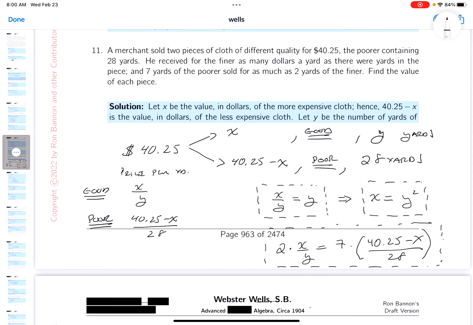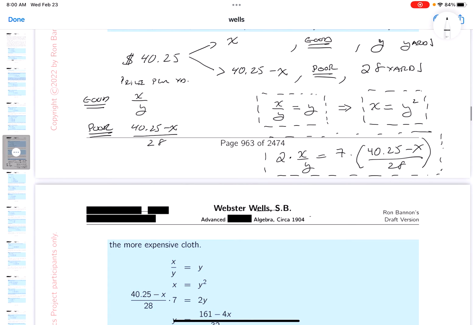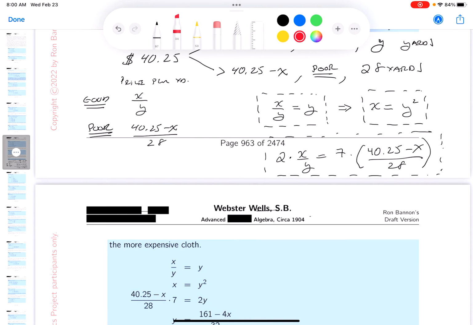So I want to point out we have two equations and two unknowns, and my goal here is to get an equation in one unknown. So I'm looking at these. Let me tell you what I'm looking at. I'm looking at this. Excuse me if my alarm is going off. I'm looking at this. And I'm looking at this.